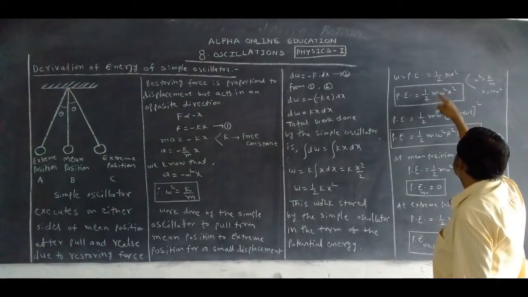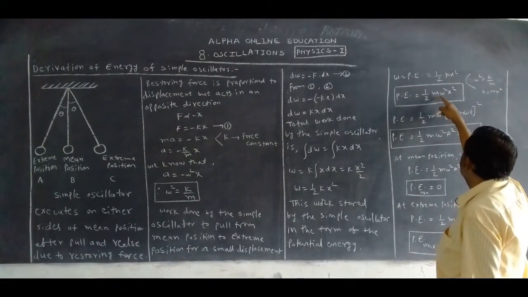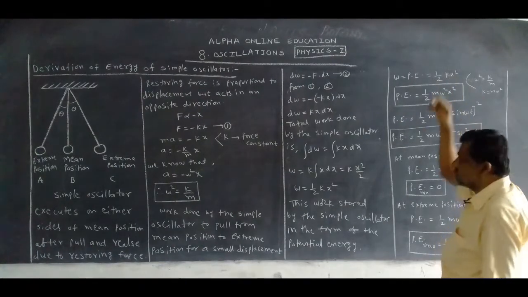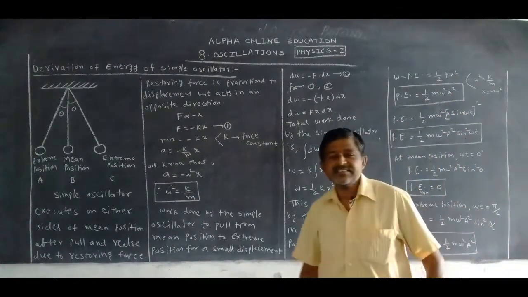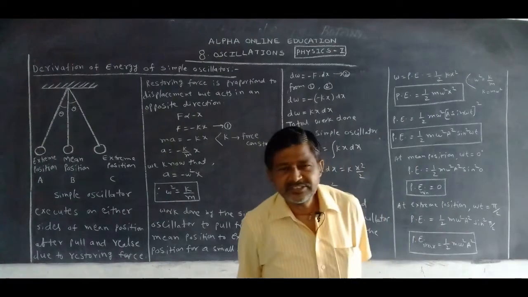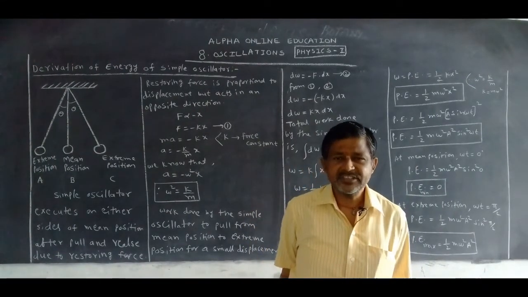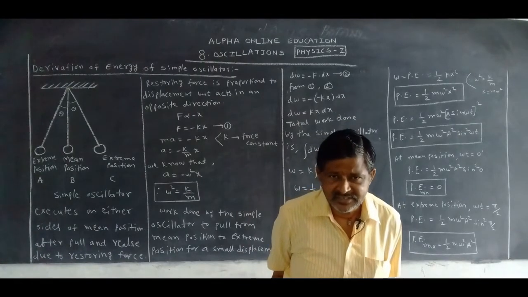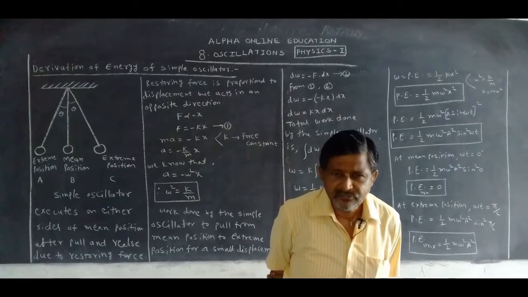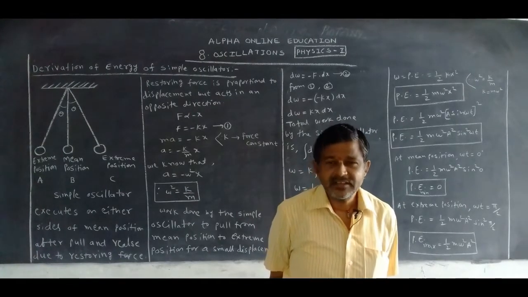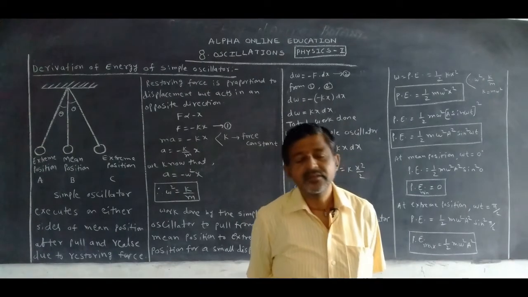That's why in the place of k, we can write half m omega square x square. Now, the potential energy of the simple oscillator is half m omega square x square.